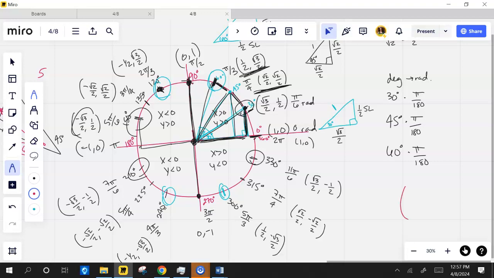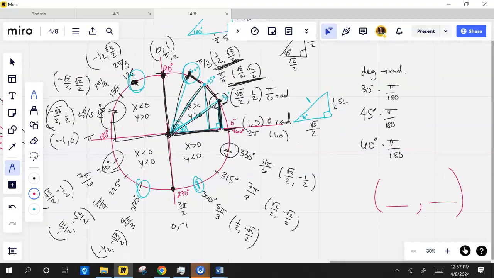Each point has a coordinate that goes with it. Agreed? The x coordinate here is the cosine of that angle, and the y is the sine of that angle. And let me show you what I'm talking about. Let's go at 30 degrees, which is pi over 6. I'm going to do one that's going to come out nice and neat on your calculator. I want you to do the sine of pi over 6 on your calculator and tell me what you get.